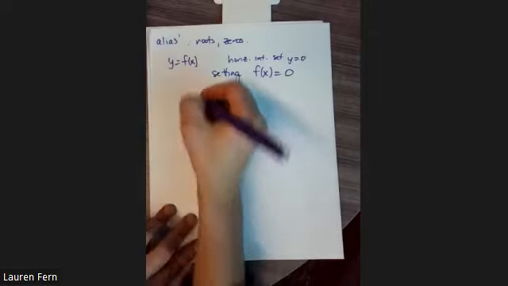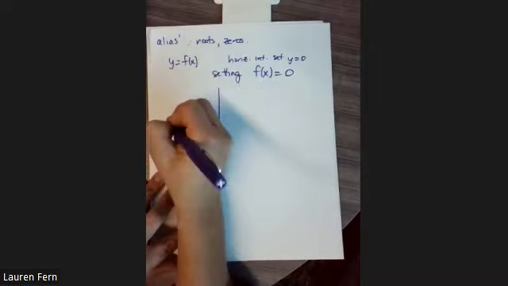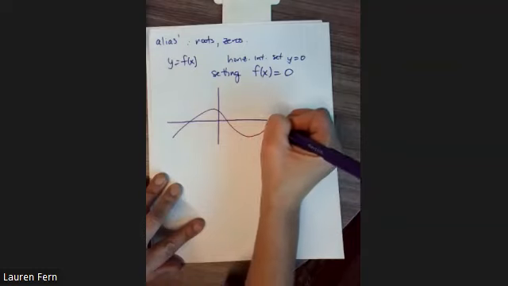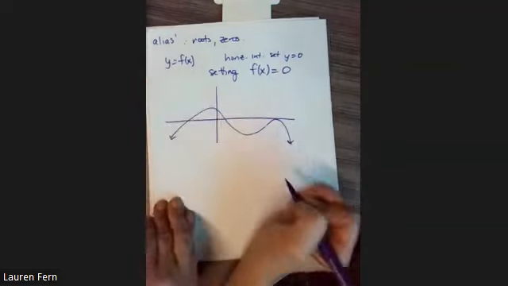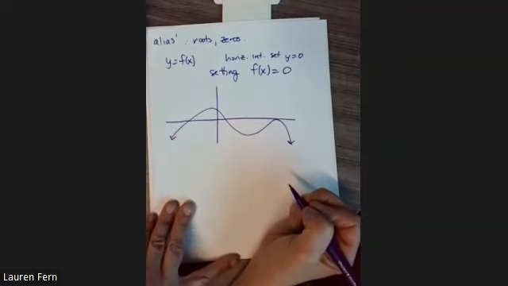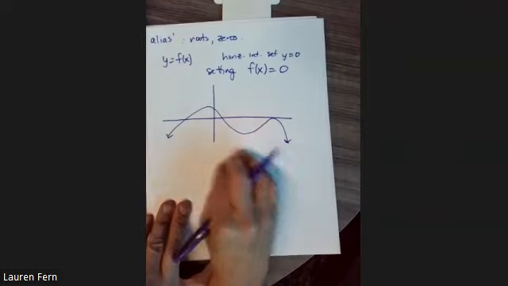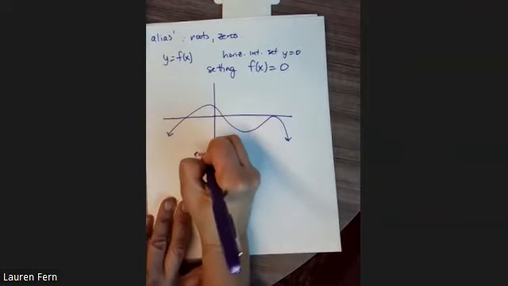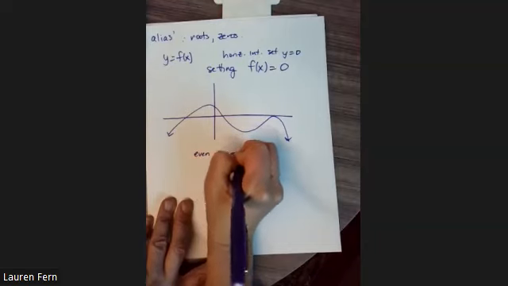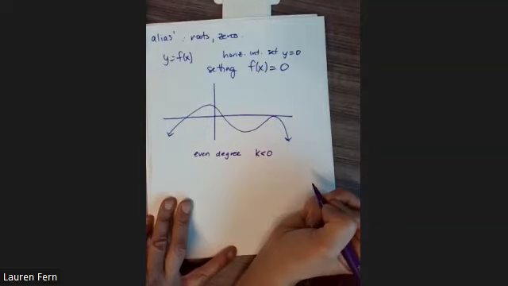So what I want to do is first start by drawing a graph. Okay. Now, I don't know what this function is, but I'm going to tell you by the way I drew it. I know that it's an even degree and that my leading coefficient is negative.